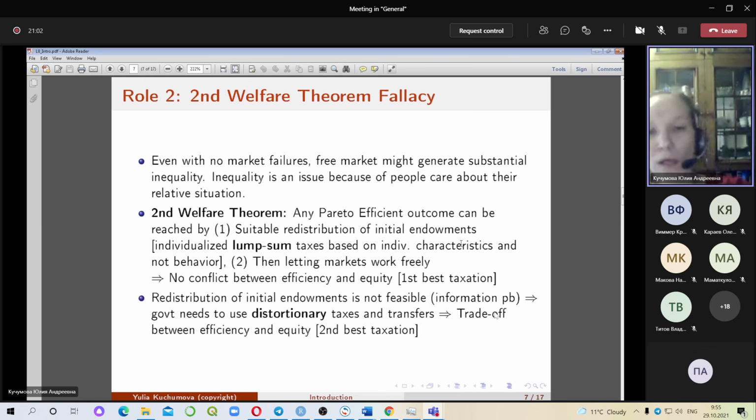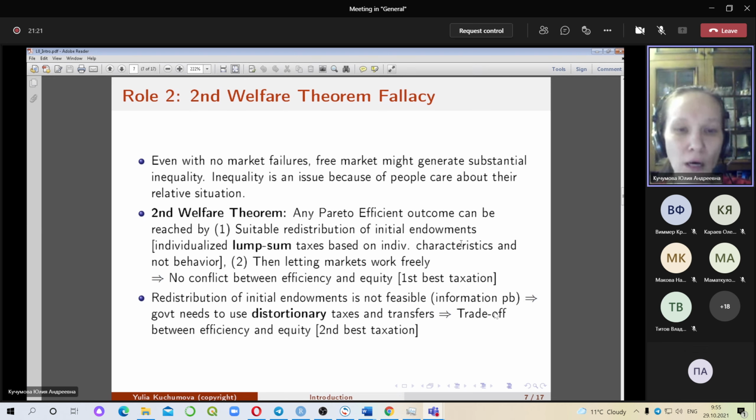The key aspect is that the second welfare theorem is not really true in real life, because we don't have perfect instruments to achieve the initial distribution.